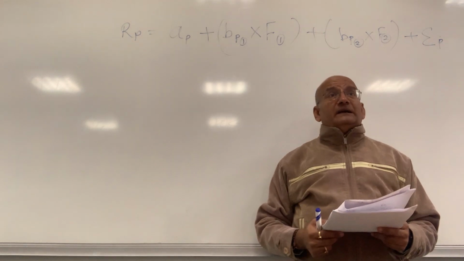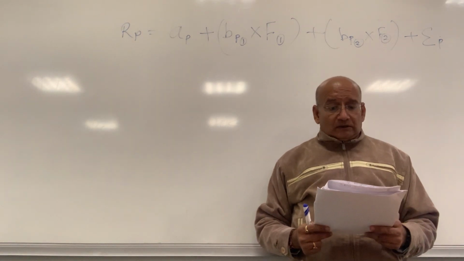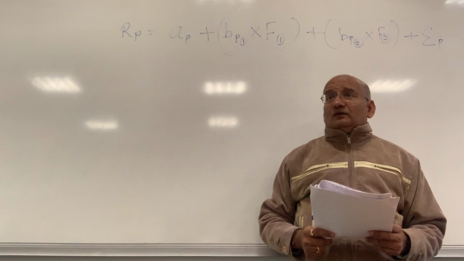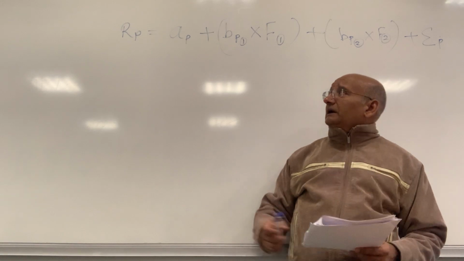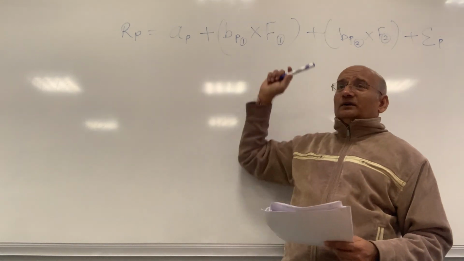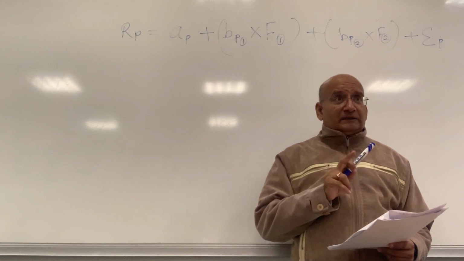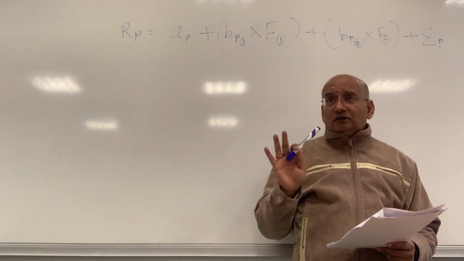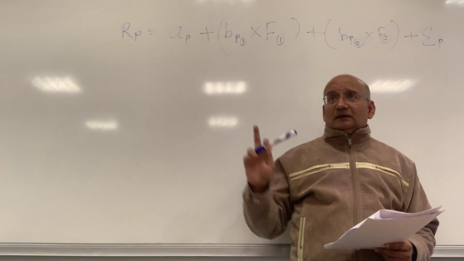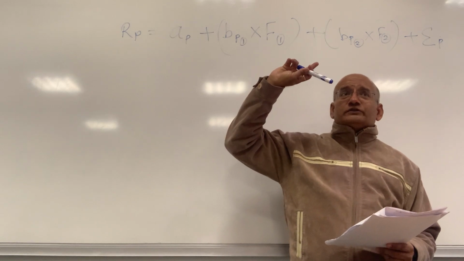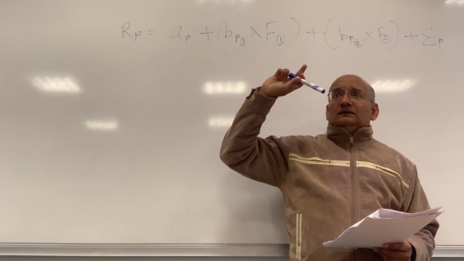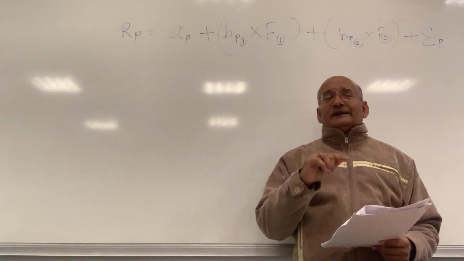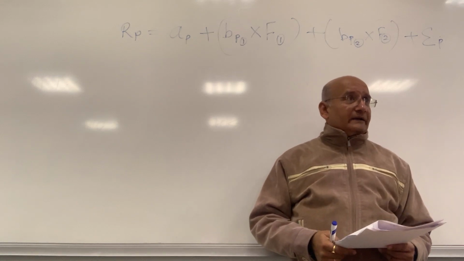Now what is that intercept term? This intercept term we are going to use because here we are going to use factor and we are not going to use surprise. Surprise or shock we used in the macroeconomic model, that was the difference between actual and expected.